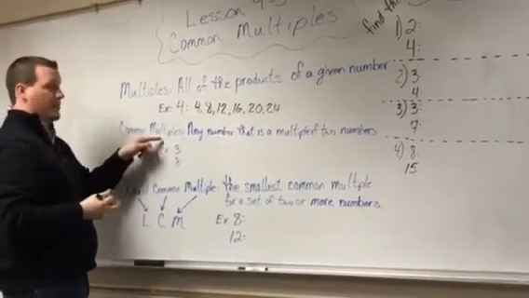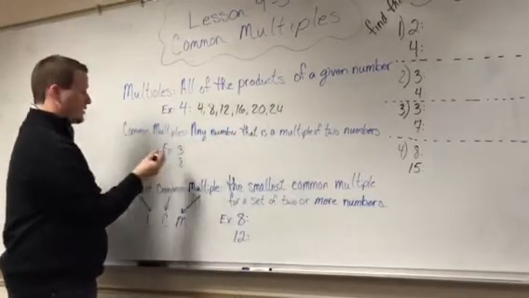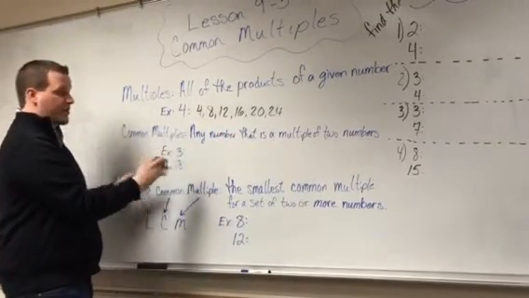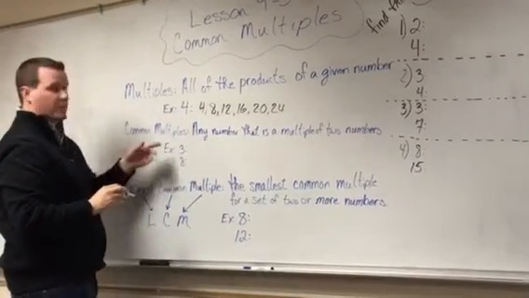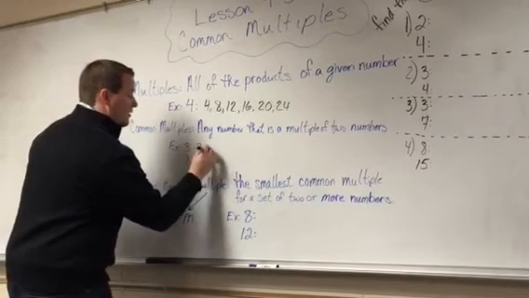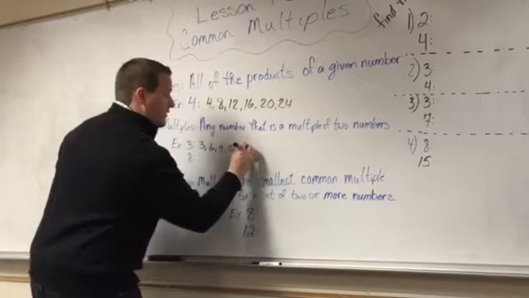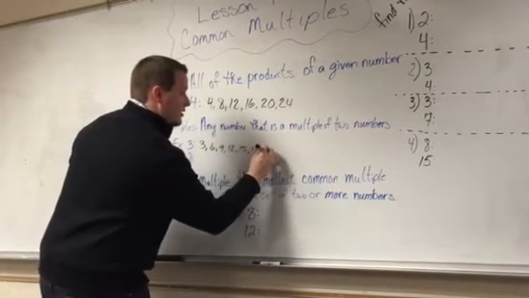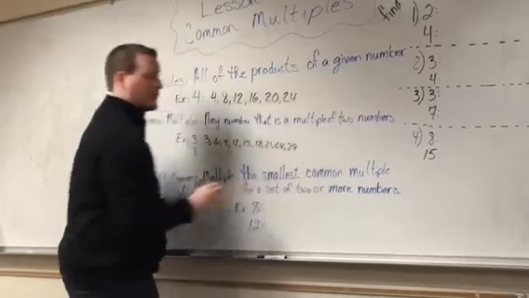The second one, common multiples: any number that is a multiple of two numbers. So for the example 3 and 8, we're going to do the same thing we did right here, just with two sets now. And then we're going to look for ones that are in both sets. So we have 3, 6, 9, 12, 15, 18, 21, 24, 27, and it will keep on going.